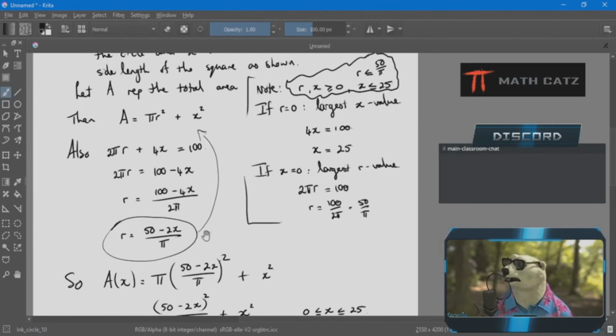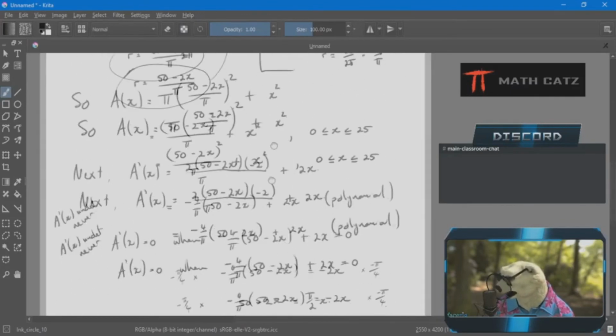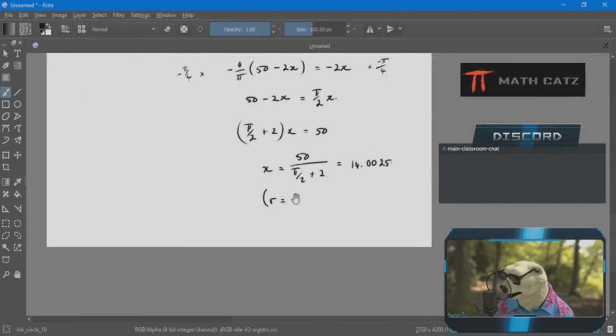I'm going to, for presentation purposes, if my critical point is where the answer is, I'm going to have to find and state the radius that corresponds to that anyway. So it's 50 minus 2x, over pi. Now, just in the interest of saving time and MathBot not working anyway, I have done all these before to check. Now, of course, I can't find it.